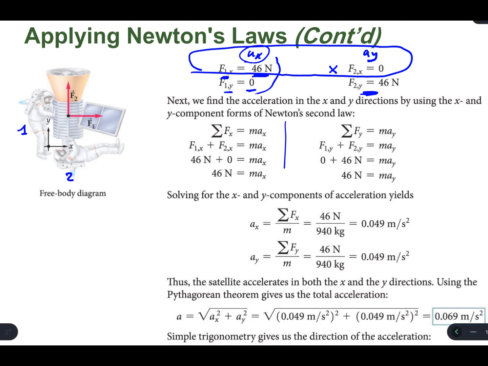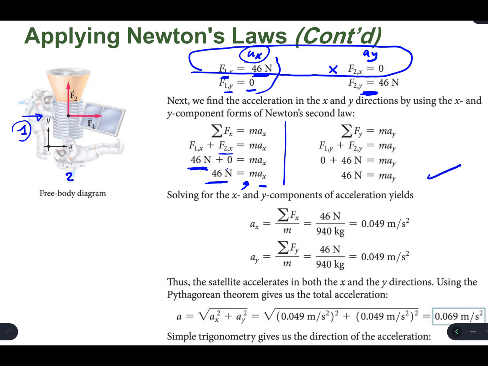So we can calculate the acceleration in X direction and Y direction. Let's calculate the acceleration in X direction. F1x plus F2x. We have from the first astronaut only a force in X direction. Here is the first astronaut. Plus the second astronaut doesn't apply force in X direction. So the summation of the force in X direction, 46, equals MAX. If you know the mass of the satellite, you can get AX.